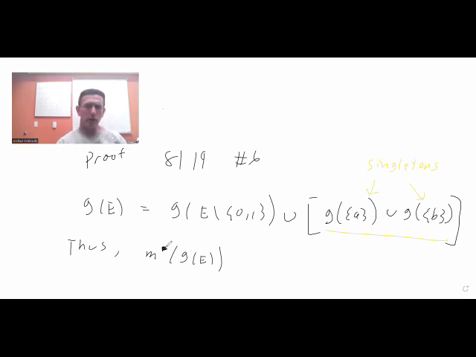So that's why I'm going to use Lebesgue outer measure. This is true if this has measure zero. So that's my task: prove that this has measure zero. And why we're going to do this, I'll explain in a minute.